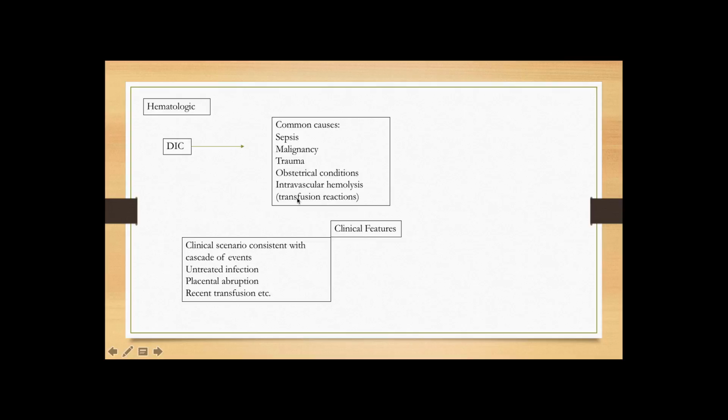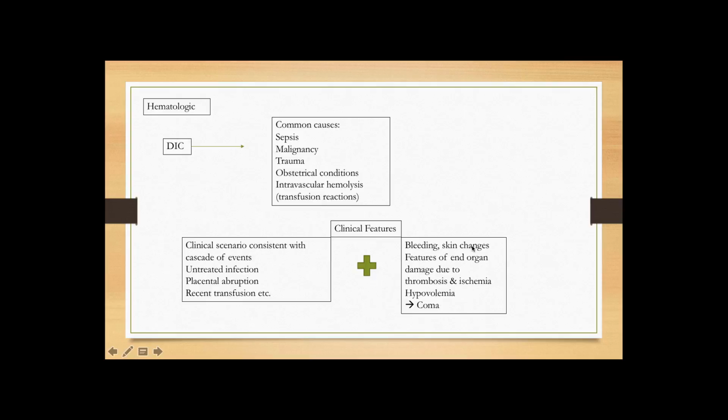So whenever you are managing a patient with any of these problems, if they're not managed well, not necessarily because of your fault, but just because their body just didn't turn around, they can go on to develop DIC. And of course, along with this historical feature, they will have some symptoms and signs too.